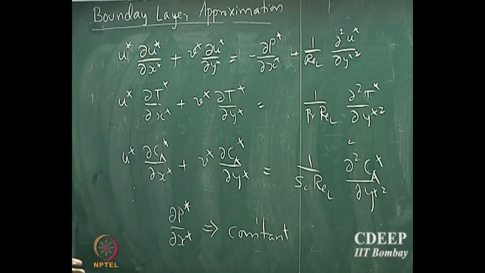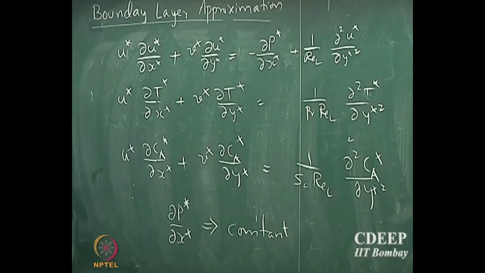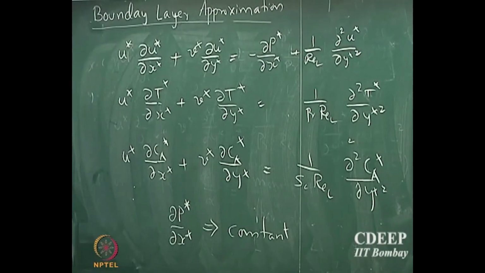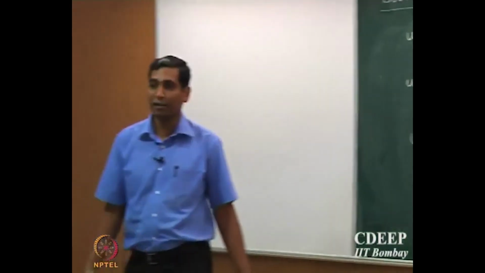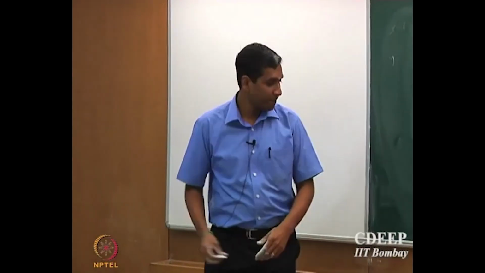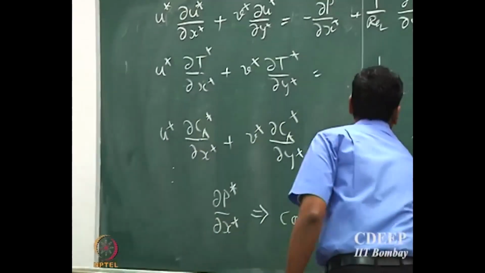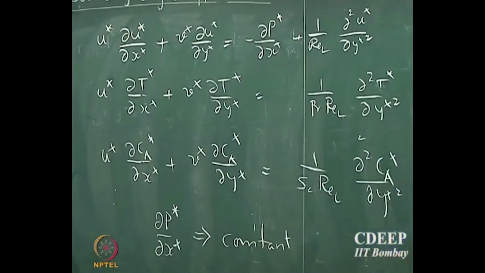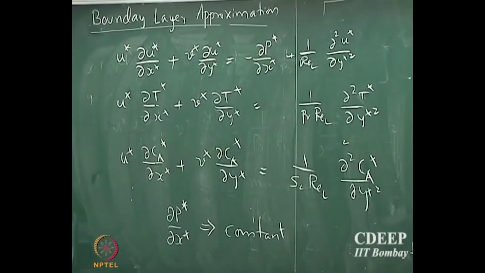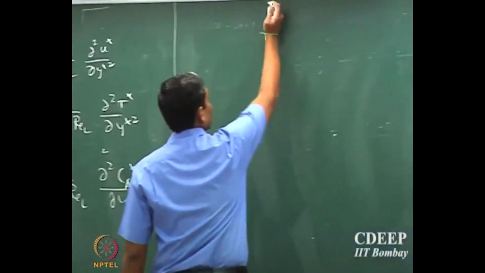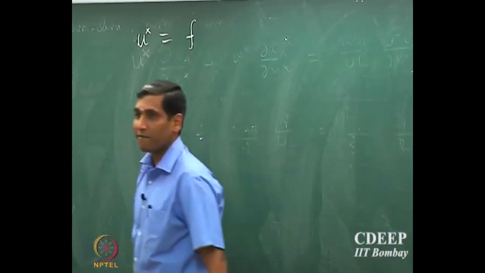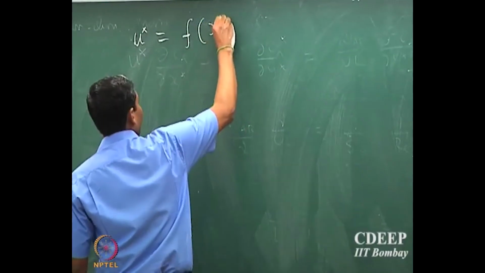So these three equations are very similar, which means that if I know the solution of one of them, I should be able to guess what the solution of the other two equations are, because they are structurally similar. So a right way to put that is, suppose I say that the velocity u star is a function of x star.